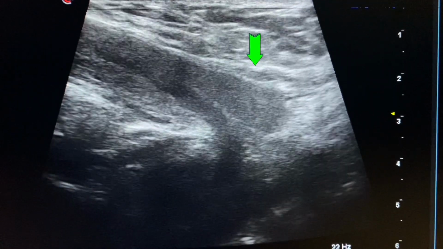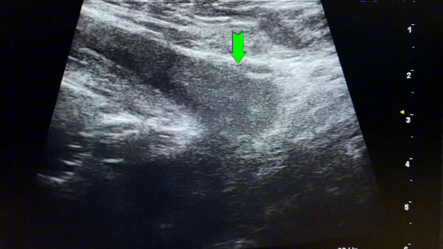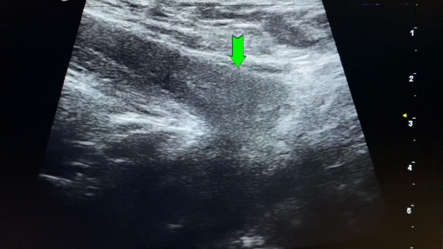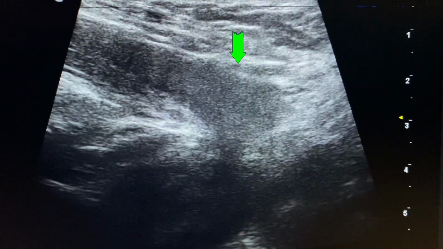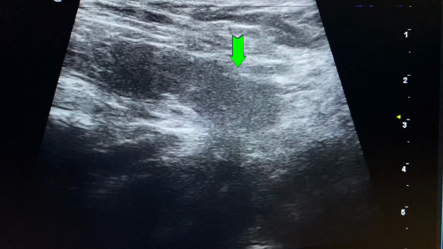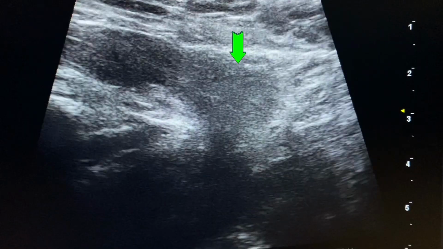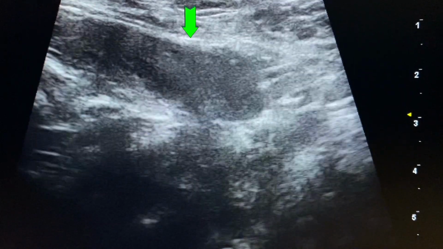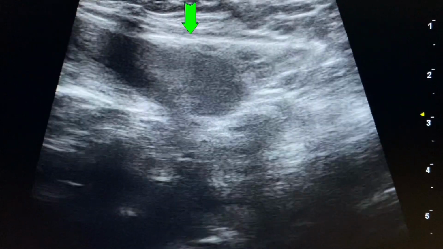The size of the testis is small because the growth is compromised. But the texture of the testis is homogeneous. It is covered by surrounding muscle layers.